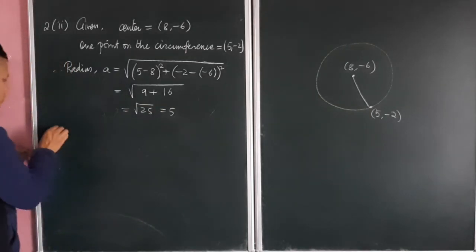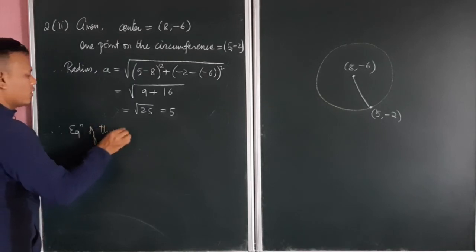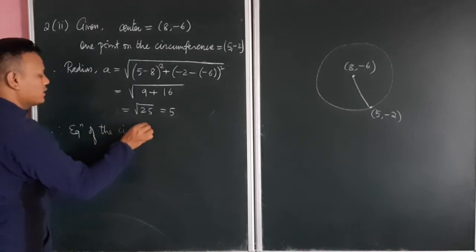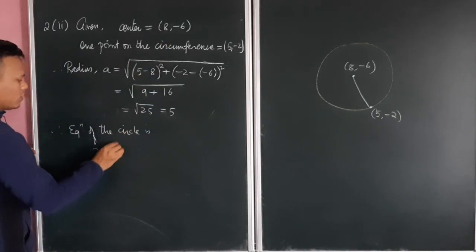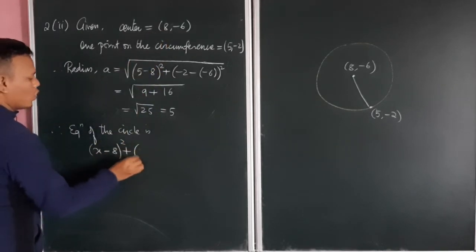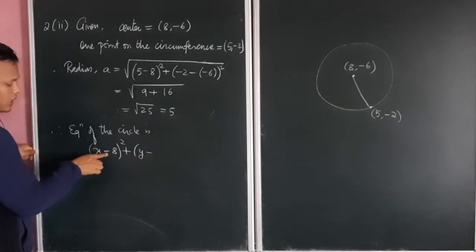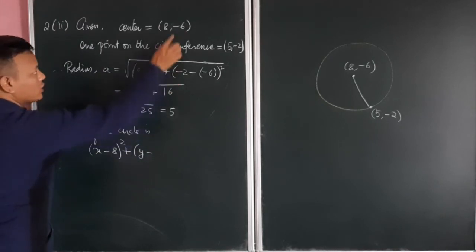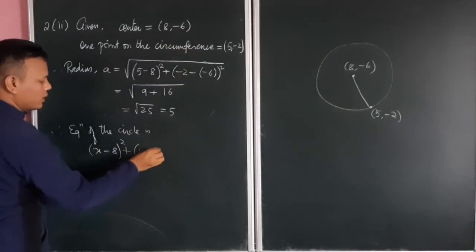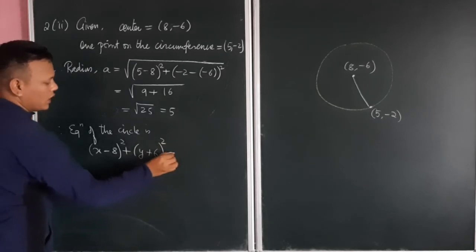Okay, so therefore the equation of the circle is x minus h whole square plus y minus k whole square. x1 is how much? x1 is 8, whole square. K is how much? It is -6, so minus into minus becomes plus, whole square equals a square.